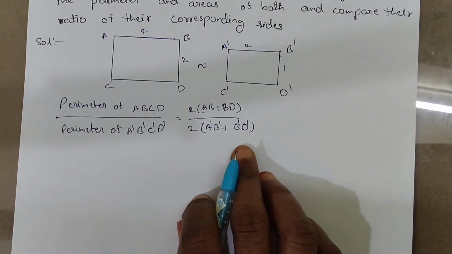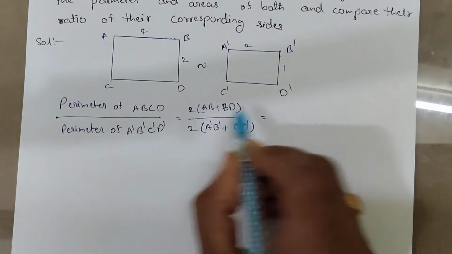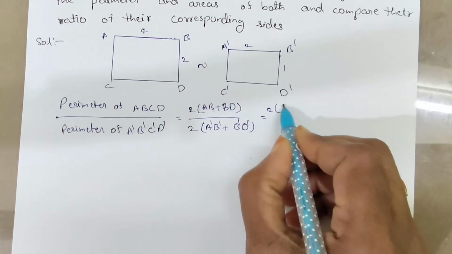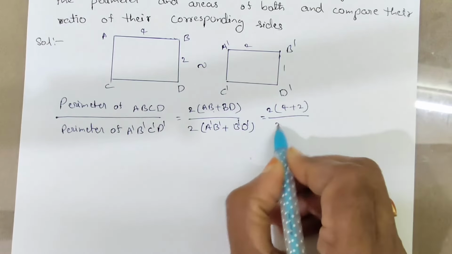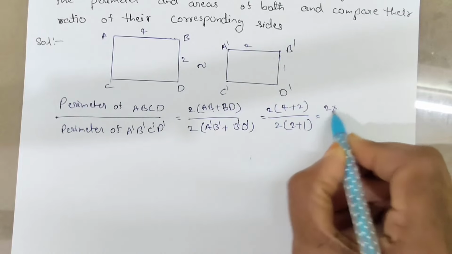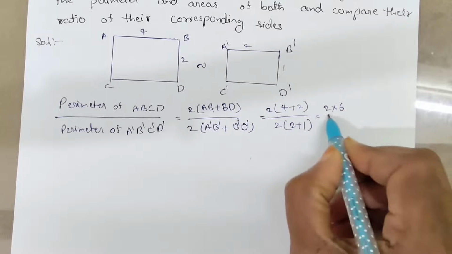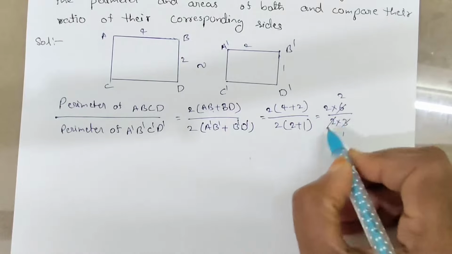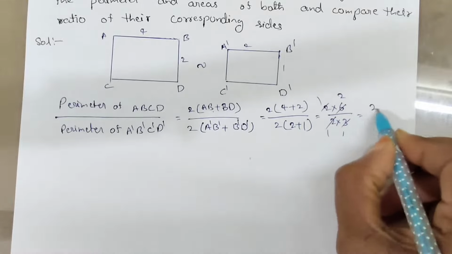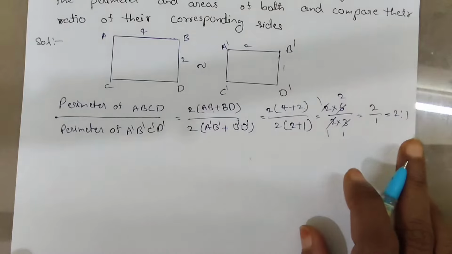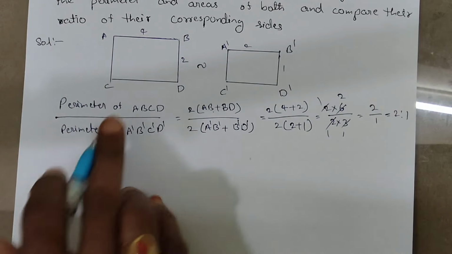Now write the measurements. 2 into (4 plus 2) by 2 into (2 plus 1). That equals 2 into 6 by 2 into 3. The 2s get cancelled, so 2 by 1. So the ratio is 2 is to 1. This is the ratio of both perimeters.